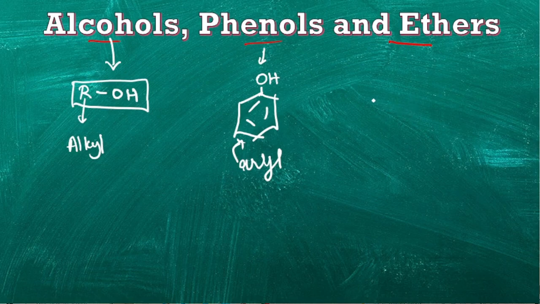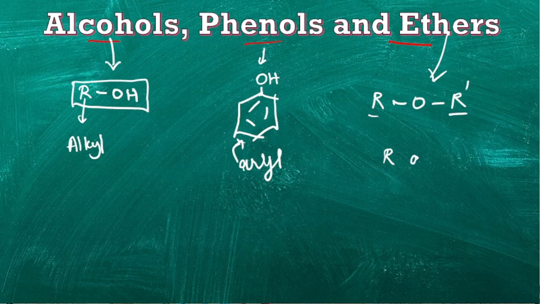Then what is an ether? An ether is when two alkyl groups are attached on either side of oxygen. These two groups can be different, R and R dash. Both can be the same or different, but two groups attached to oxygen as the center atom is called an ether.